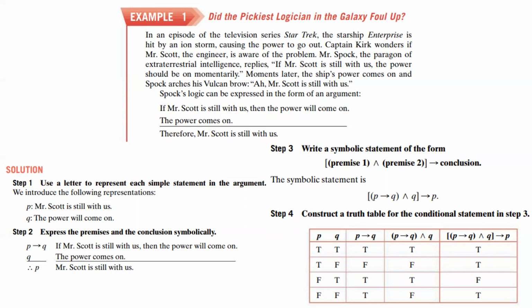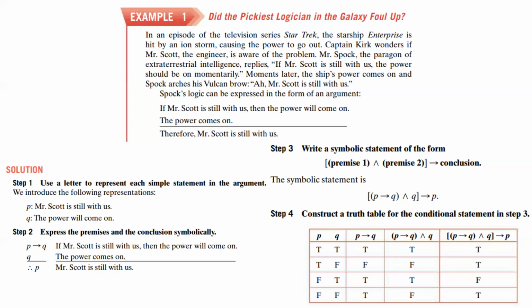So I look at the column right before it. I get true, false, true, false. I'm trying to see if that implies P, so I look back at my P column, which is true, true, false, false. It's kind of weird to think about it backwards, but in my first row I see a true, and my P is true, so it's a true result.